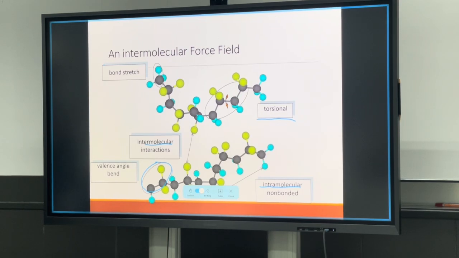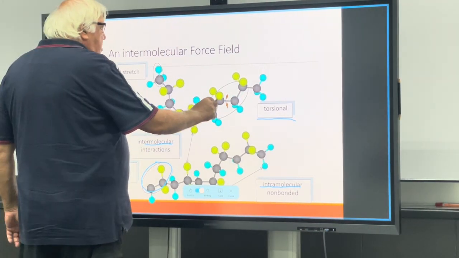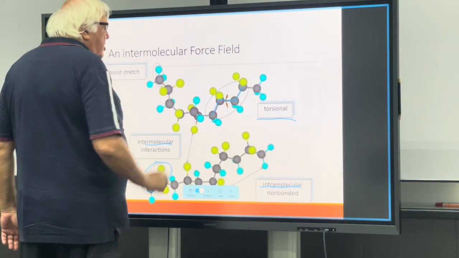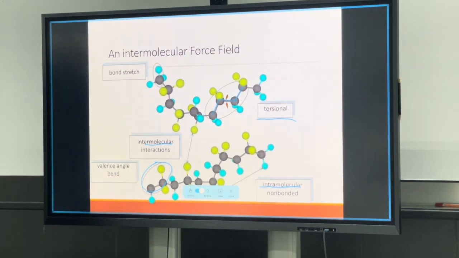That's a typical torsion angle, because you rotate around a bond. So you have some atoms on the left side of the bond and some atoms on the right side of the bond. And if you change the rotation around the bond, you have a different energy. So that's symbolized here. That's a C torsion angle. So a torsion angle always involves at least 4 atoms.